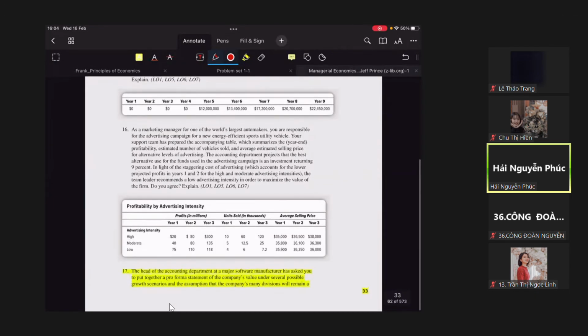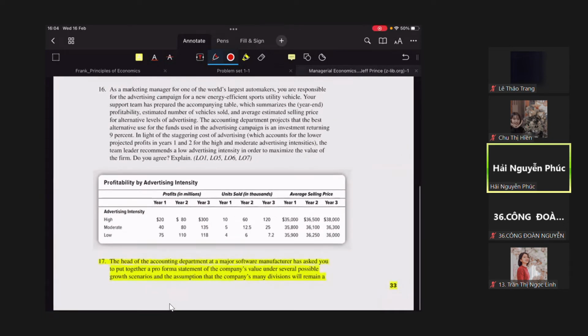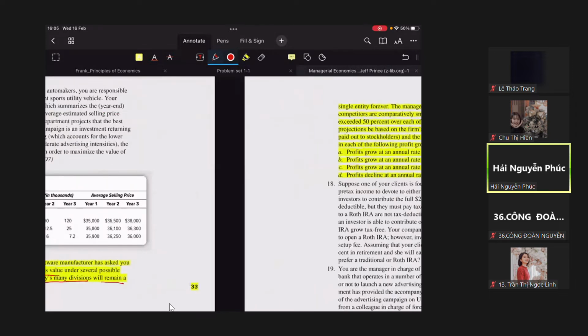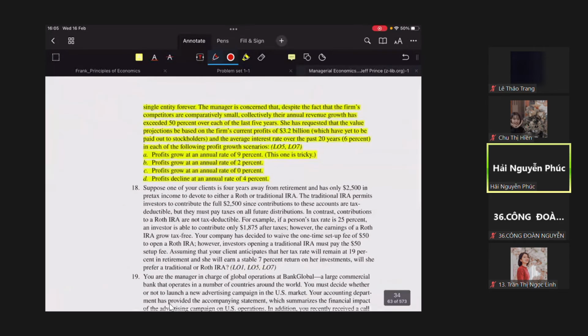Now let's move to the last one, number 17, right? The head of the accounting department at a major software manufacturer asks you to put together a pro forma statement of the company's value. You have to compute the company's value under several possible growth scenarios, under the assumption that the company's many divisions will remain a single entity forever.